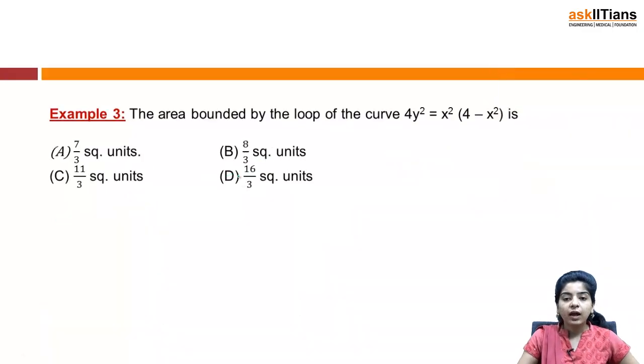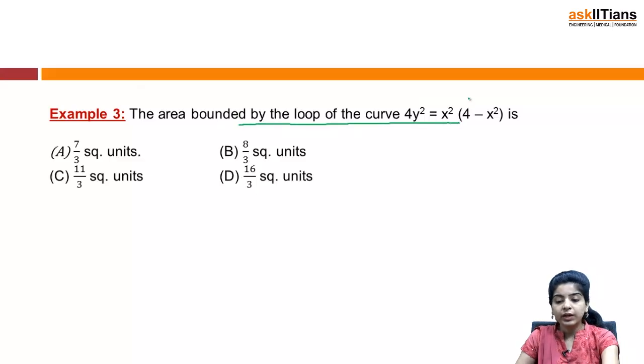Next question that we have is: the area bounded by the loop of the curve 4y square equal to x square (4 minus x square). So you have to find the area bounded by the loop 4y square equal to x square (4 minus x square).